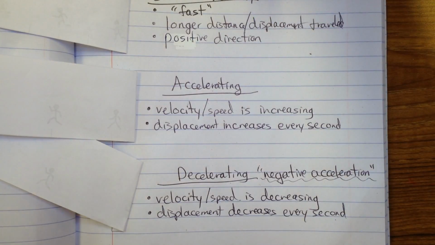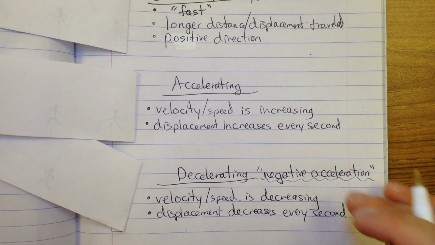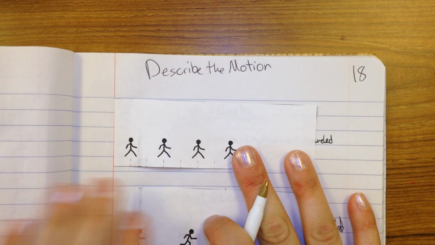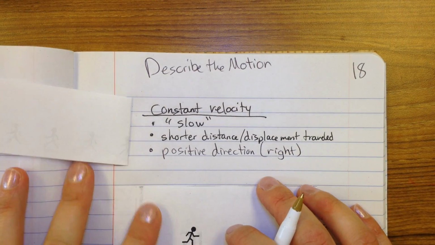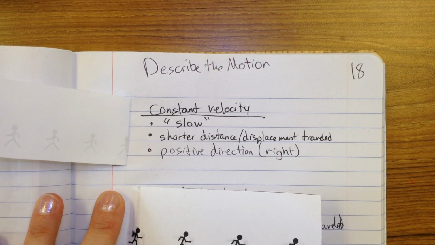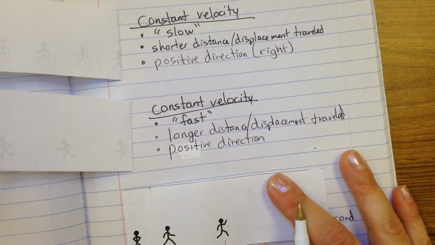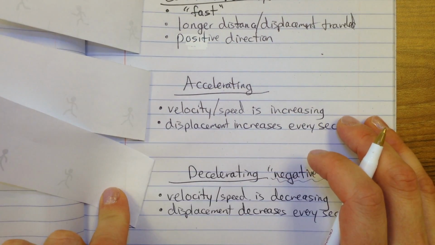That's basically what I'm talking about when I'm discussing describe the motion. So if ever I ask you on a quiz, describe the motion, I am looking for an answer like constant velocity. I might want you to tell me whether it's fast or slow or even what direction it's going. I'm also going to want to know whether it's accelerating or decelerating.